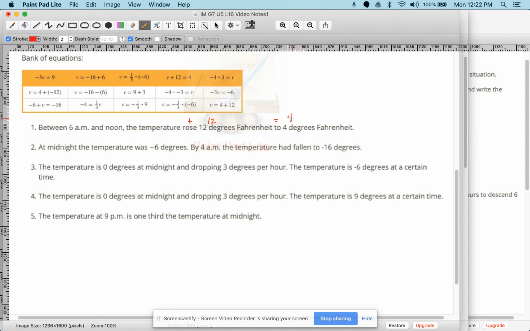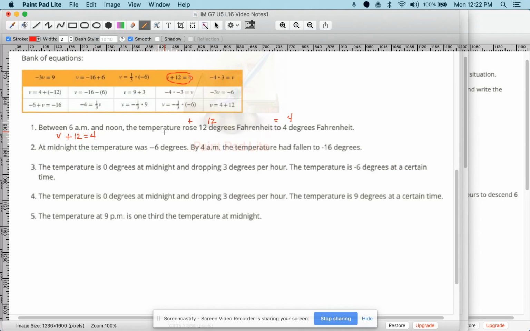So we need to see something added to 12 equals 4. If we look at all of these equations, let's see. Oh, here it is. This one: v plus 12 equals 4. So that's one of our equations.